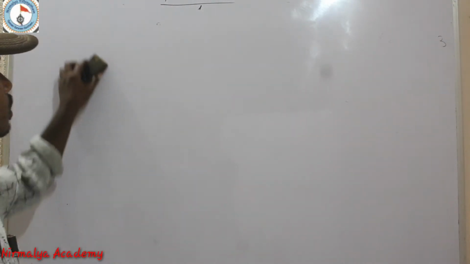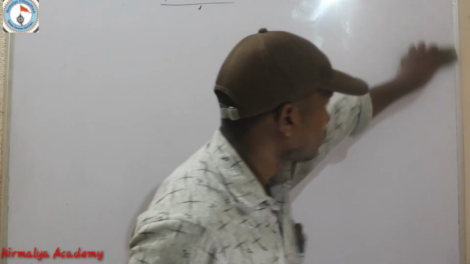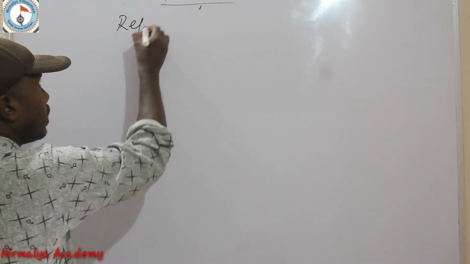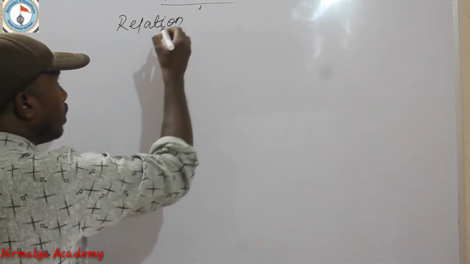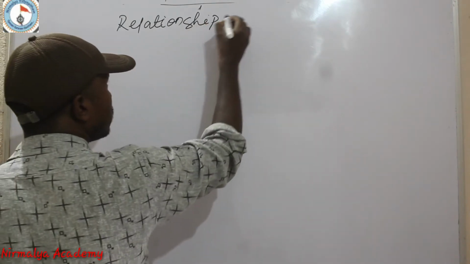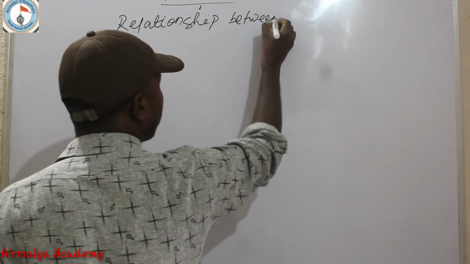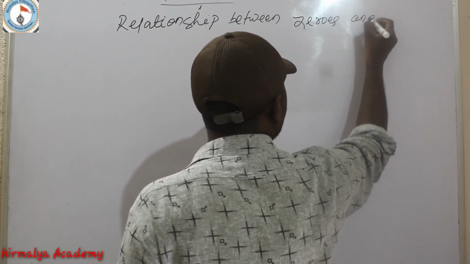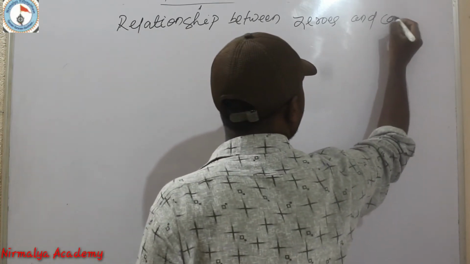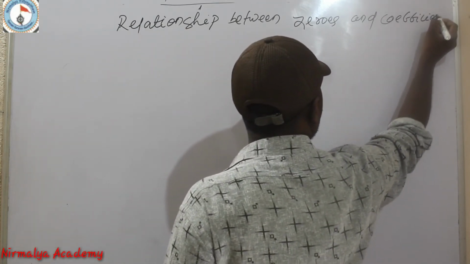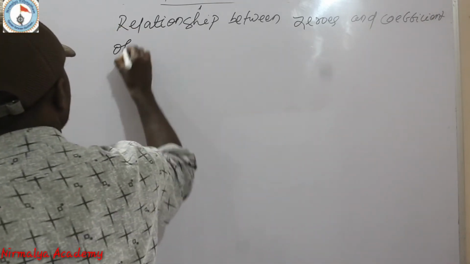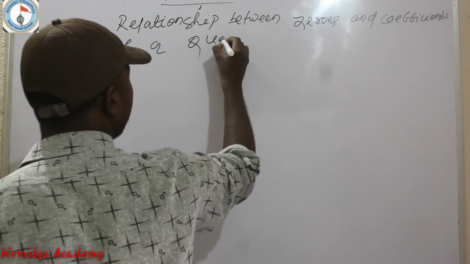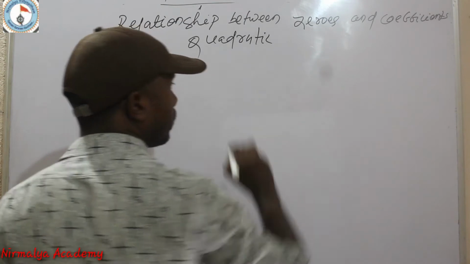Next, now we will discuss the relationship between zeros and coefficients of a polynomial, basically of a quadratic polynomial.